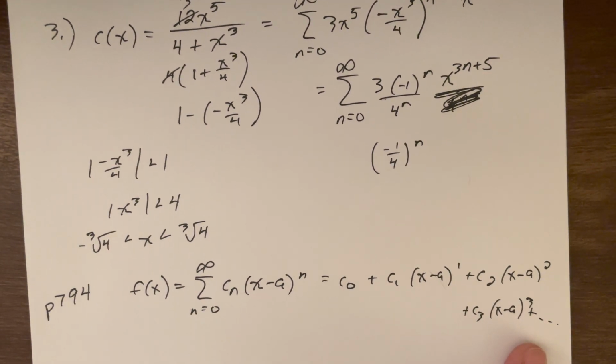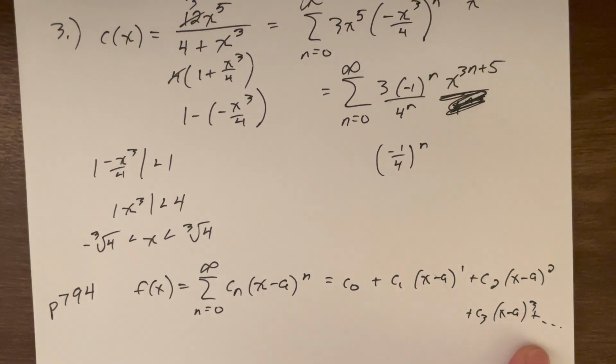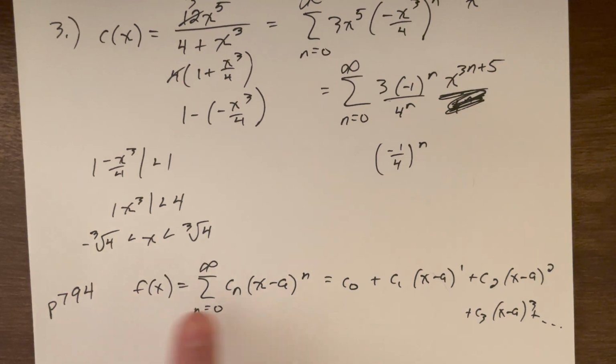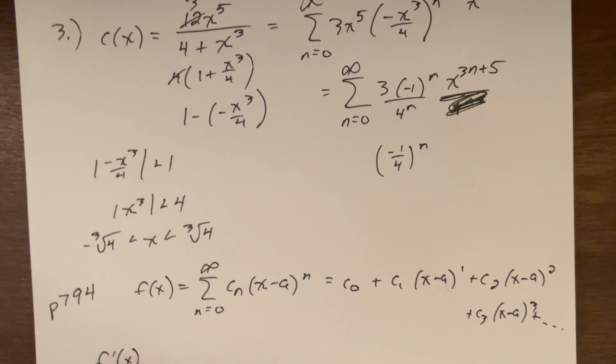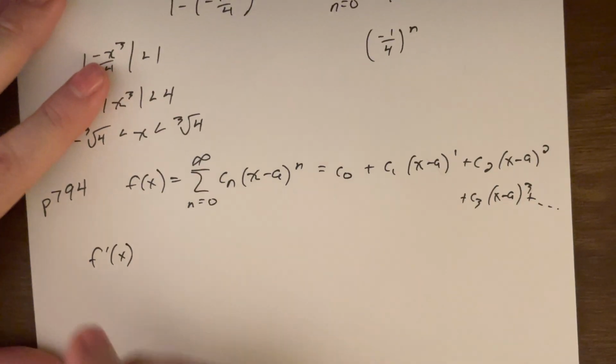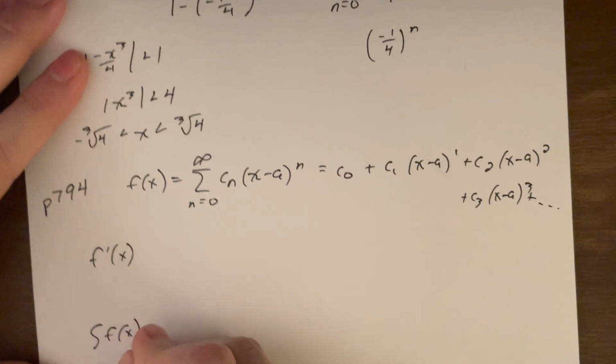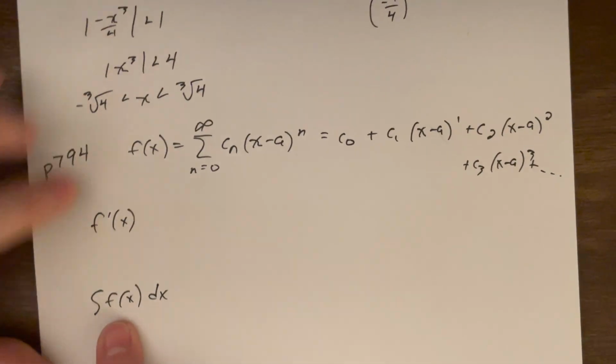And the whole point of this is to discuss what happens if you have a function written as a power series. What happens to the derivative of that function and to the antiderivative of that function?